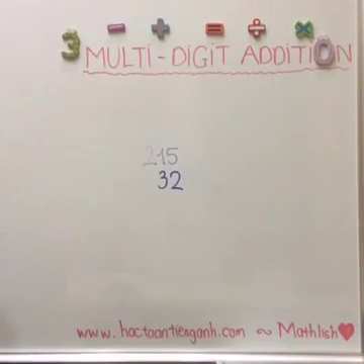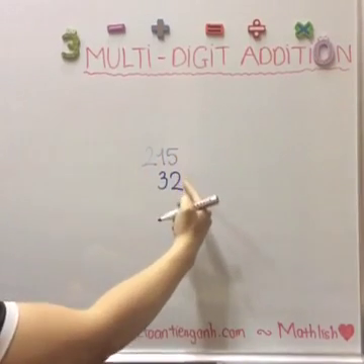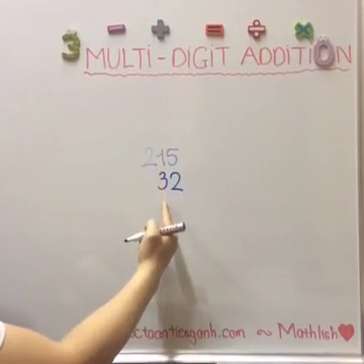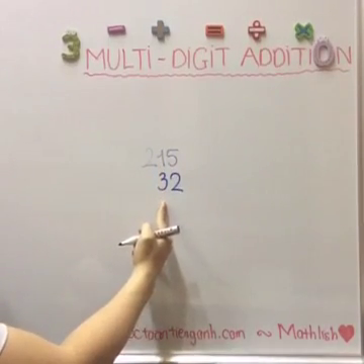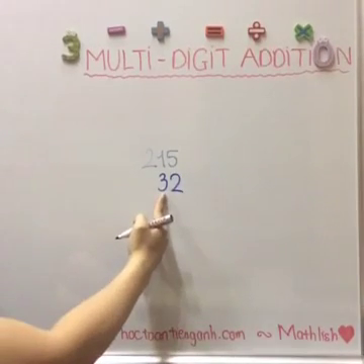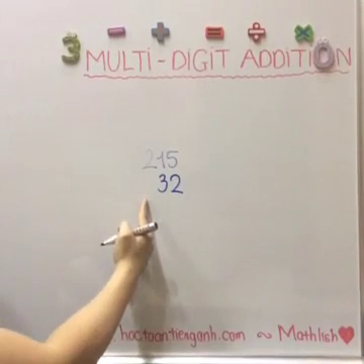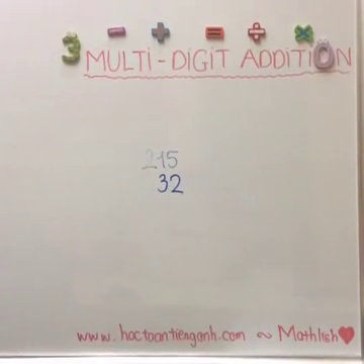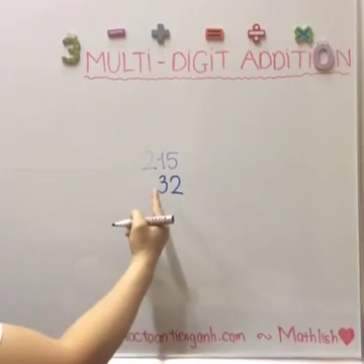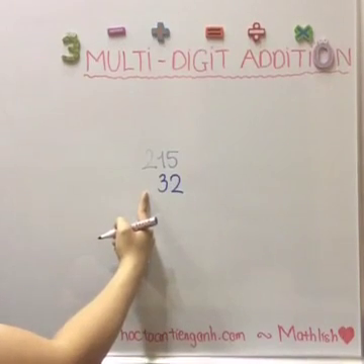And if you line up the ones place correctly, then all the other number places will be lined up too. The tens places are also lined up, and the hundreds places. Well, the bottom number doesn't have a digit in the hundreds place, but that's okay.